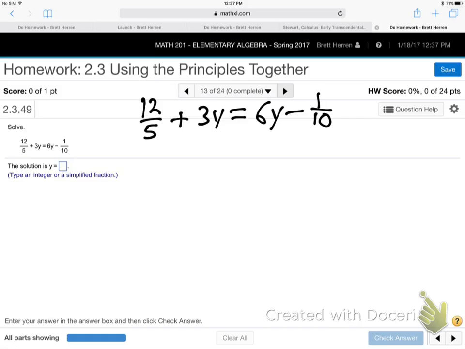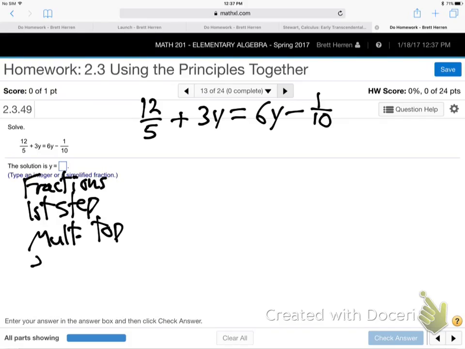Okay, so whenever we see fractions, let me go over here and write fractions. First step is to multiply the top of every term by the LCD.